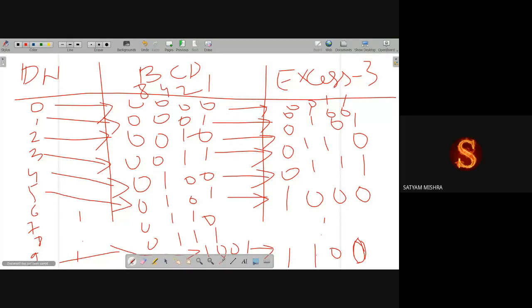Sir, when 0 in decimal is written in excess 3 as 0 0 1 1, if we add the weights, it will not come to 0. Yes, you are right. That is what I was expecting. Excess 3 doesn't follow 1 2 4 8, because whenever you take any decimal number and add 3 to it, you get some other number.